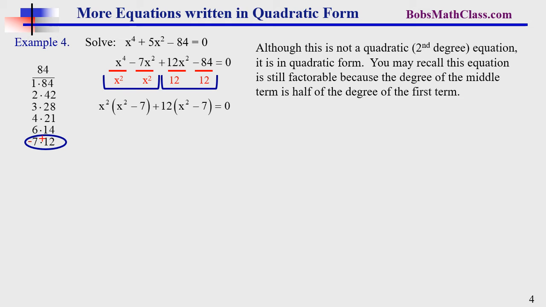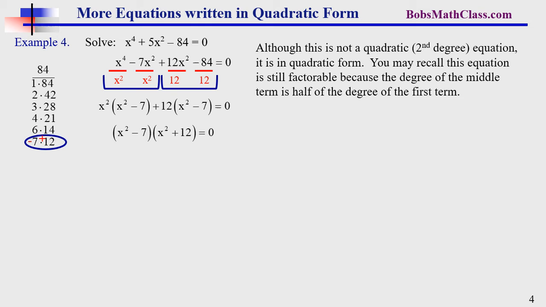They match in the parentheses, so that's perfect. If they don't match, we've made a mistake, or it can't be done. All right, so that gives us x squared minus 7 times x squared plus 12. It doesn't matter the order you write it.